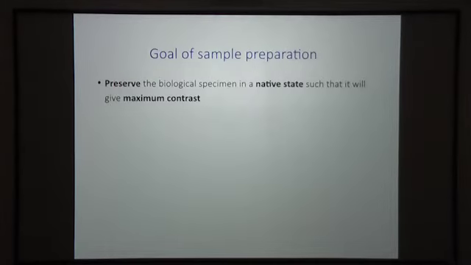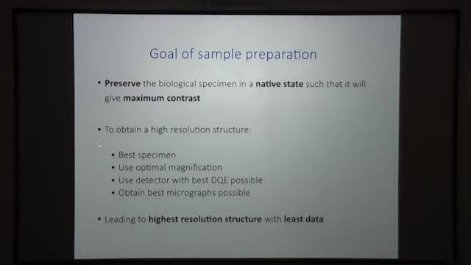So just as a quick overview, the goal of sample preparation is first to preserve the biological specimen in a native state such that it will give maximum contrast. And to obtain our high resolution structures, we want the best specimen possible. We want to use the optimal magnification, and Crystal spoke about that yesterday.